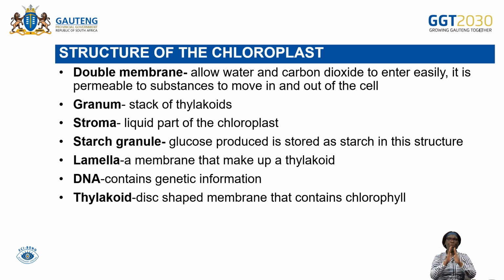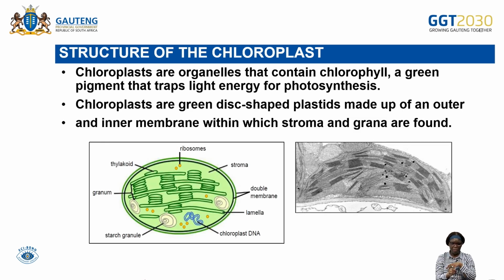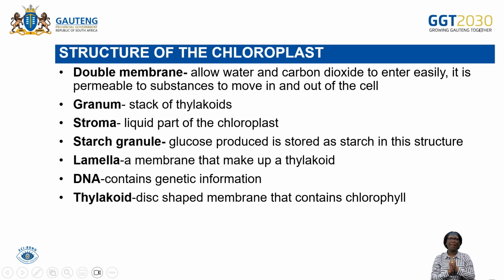In this structure, which structure are we referring to? The starch granule. We have the lamella. The lamella is the membrane that makes up the thylakoid. Then the DNA contains chloroplast DNA.